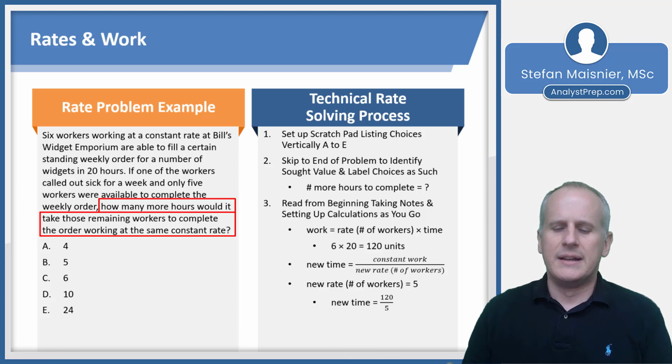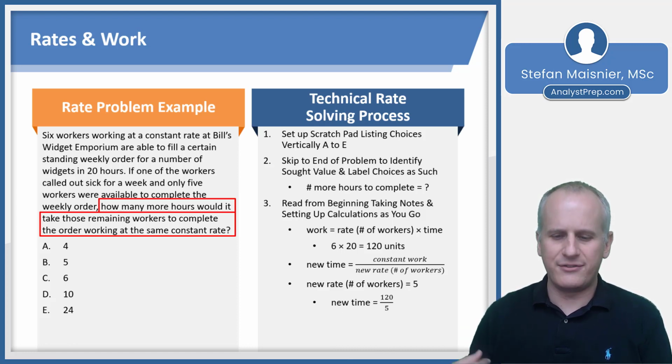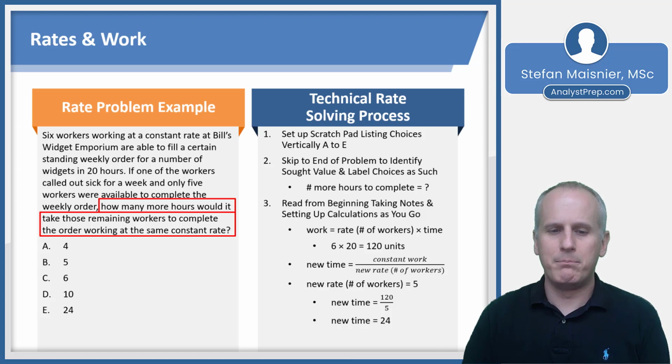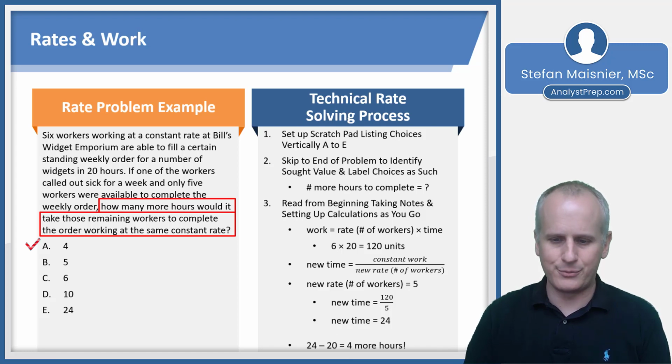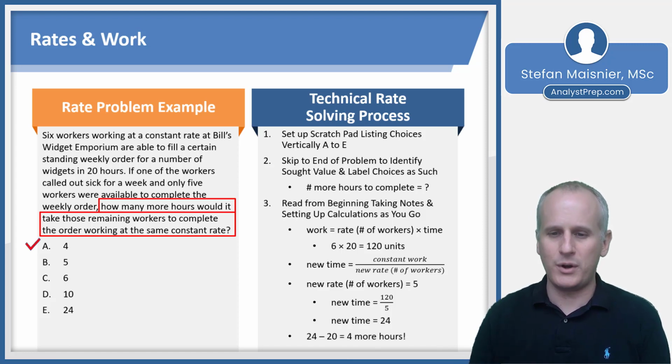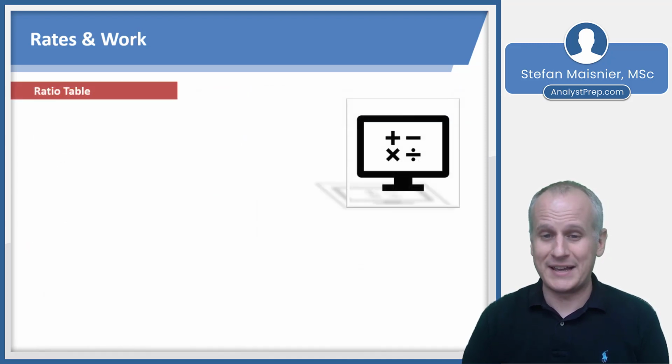So our new time is going to be 120 units of work divided by those now 5 instead of 6 workers. Our new time would be 24, but the more hours would, of course, be 24 minus 20, or 4 more hours, for the correct answer choice of A. So this is the technical solving process for this problem. We will see this problem again in a moment.